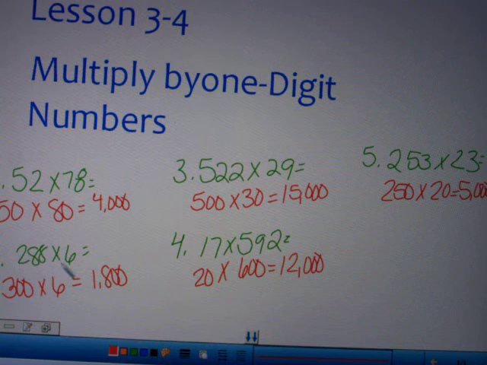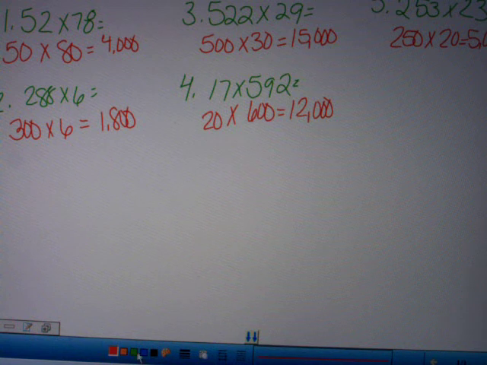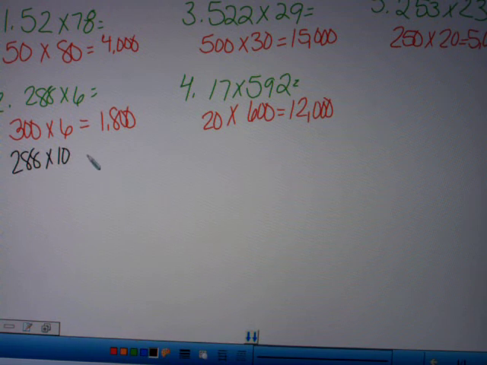Like if I look back here at my 288 times 6, just to give you another option, I could say, well, I want to do 288 times 10, and that would give me 2,880. And so you have lots of different ways in how you want to go about changing these numbers to come up with a variety of different answers.